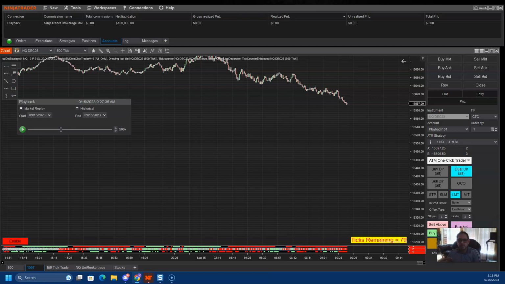So right now the way I've been running this thing was 15 points profit or 10 points stop loss. But personally, the way I trade it is that I like to scalp for entries. I like to trade with higher size.